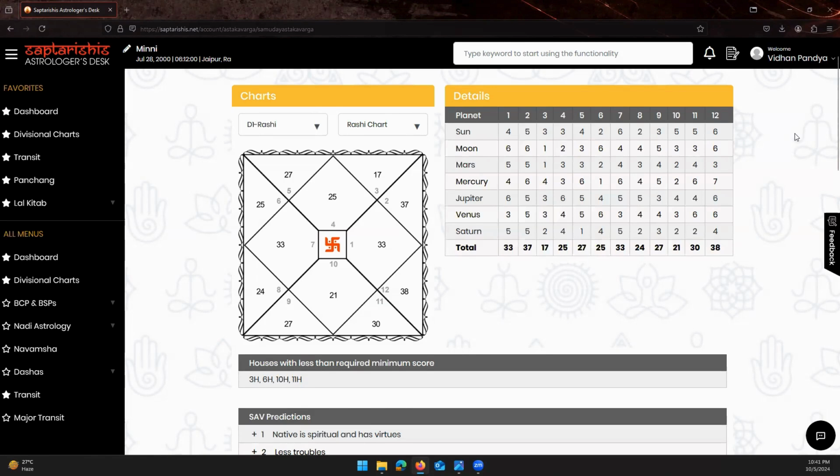On this particular chart, it is telling me that the third house, sixth house, 10th and 11th house have less than the required minimum score, which means these four houses may not be as strong as the other houses, just on the basis of Samudayak Astakavarga. Again, there are multiple parameters, but these are some things that we need to keep in mind while we analyze the chart.